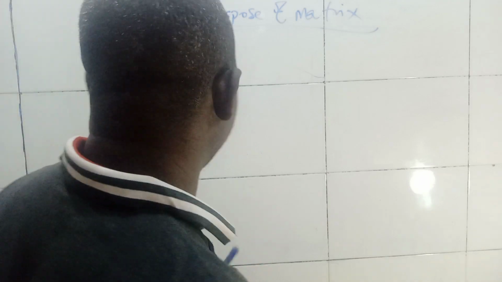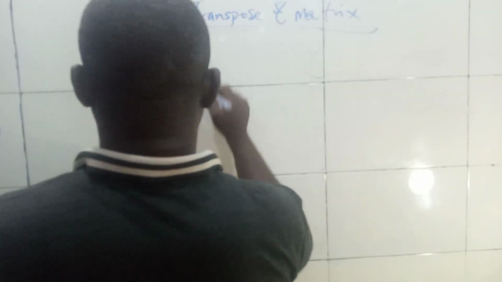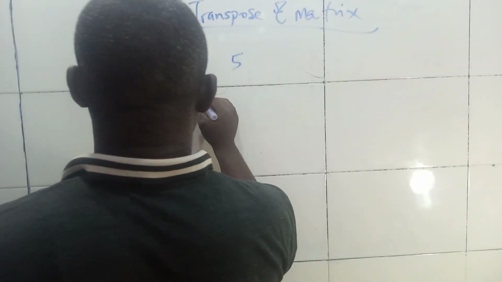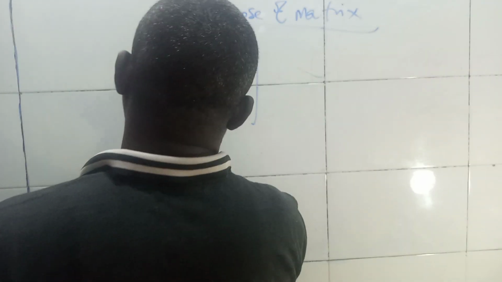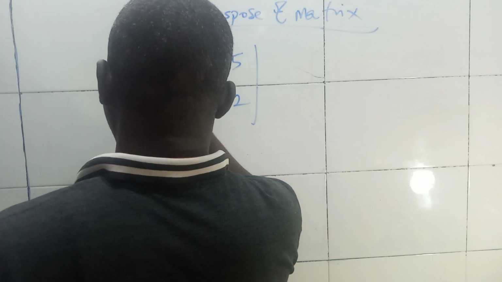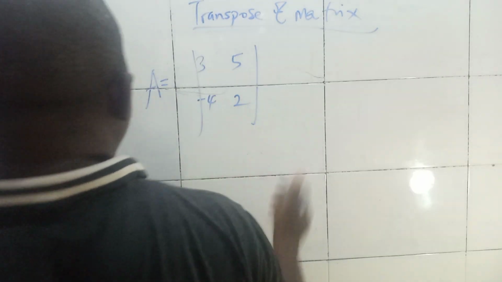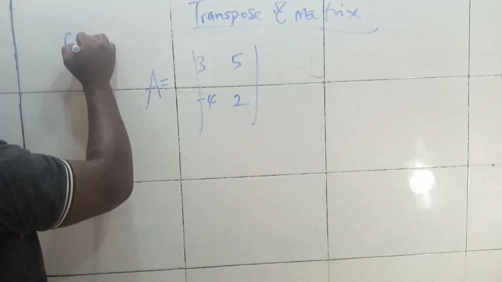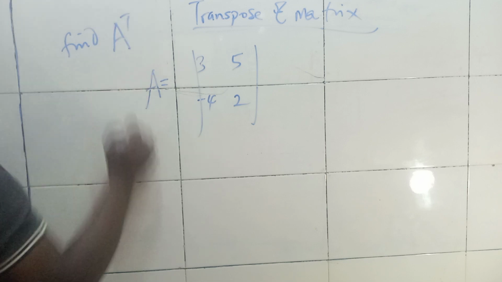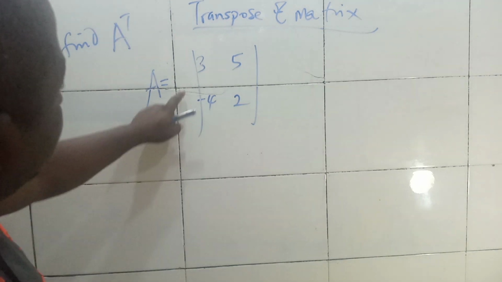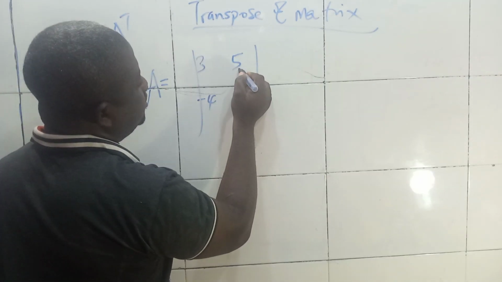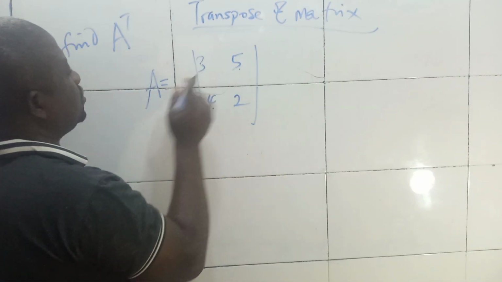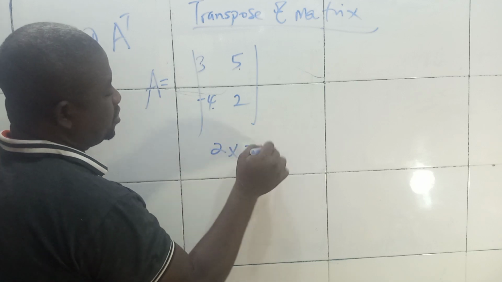Let's say you have a 2 by 2 matrix, like the way we have 3, 5, minus 4, 2. Let's say this is matrix A. I can ask you to find A transpose. For me to find the A transpose of this is very simple. It just means interchange this with this, because this is a 2 by 2 matrix.